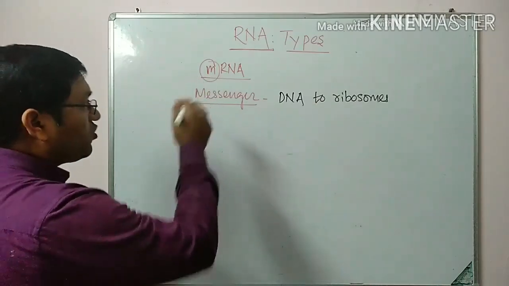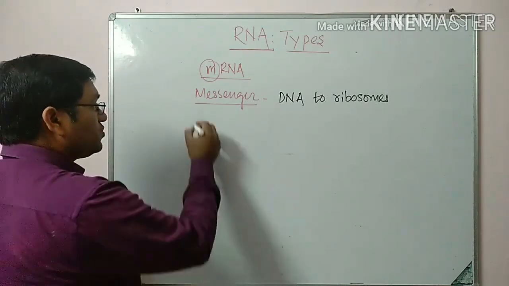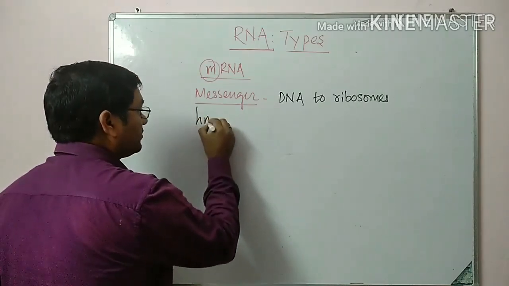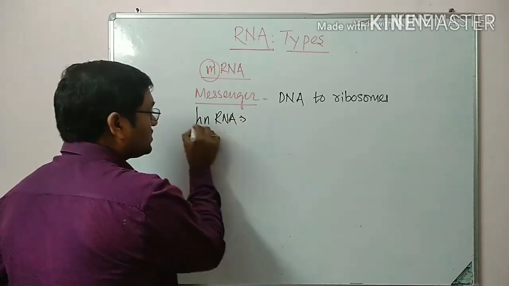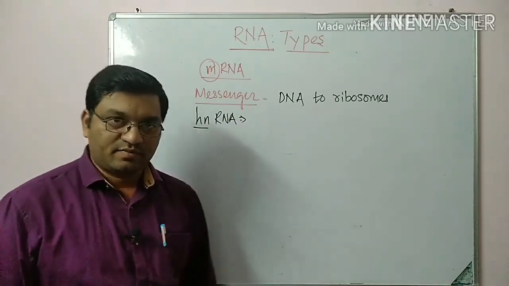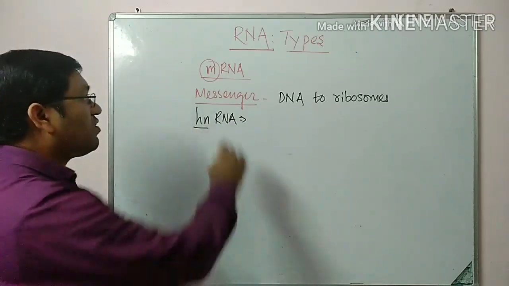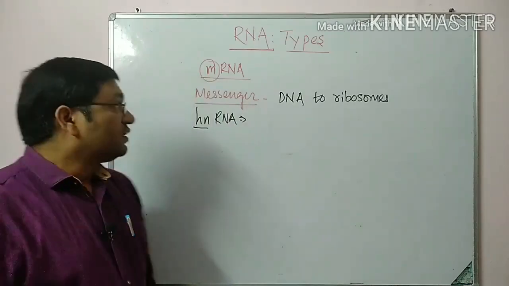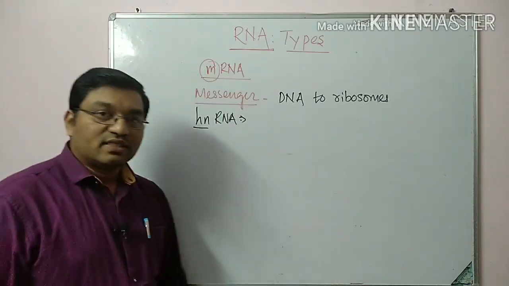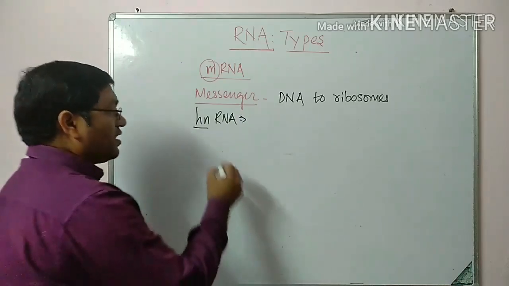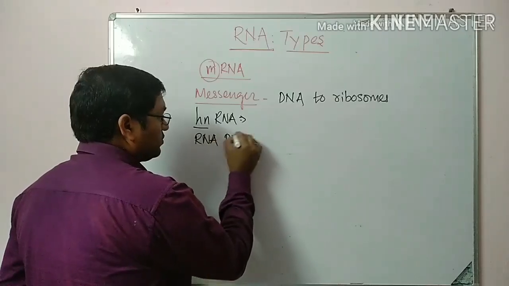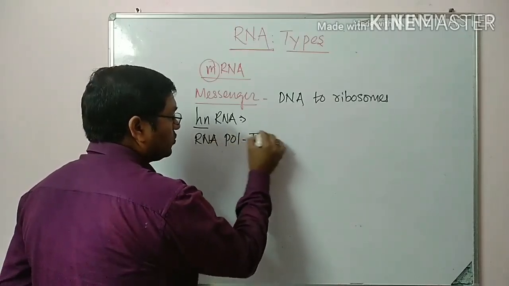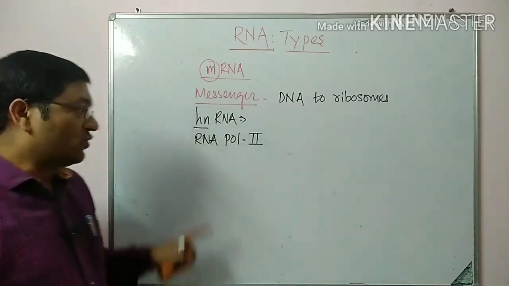The precursor molecule of mRNA is known as hnRNA, heterogeneous nuclear RNA. This mRNA is synthesized by RNA polymerase 2 in eukaryotes.